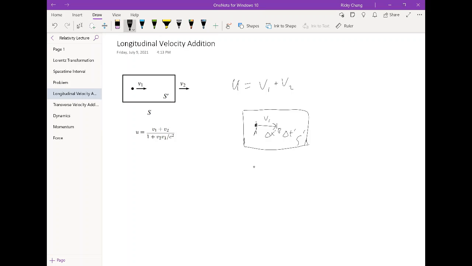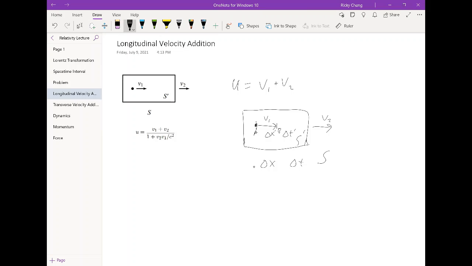Now, if we look at this object moving from point A to point B in the frame of S, suppose the distance between A and B as measured in the frame of S is delta x, and the time it takes for the object to move from A to B as measured in the frame of S is delta t.